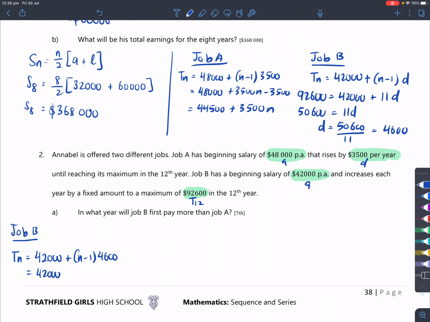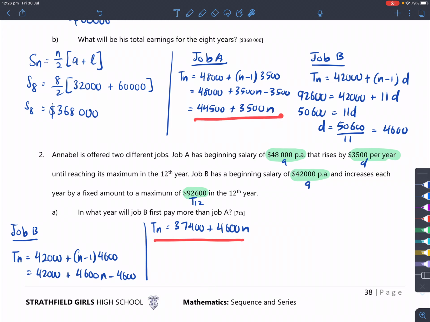Expanding that gives us 4,600n minus 4,600, and then subtracting these two values from each other gives 37,400 plus 4,600n. So this is the term form for Job B, and this is the term form for Job A.